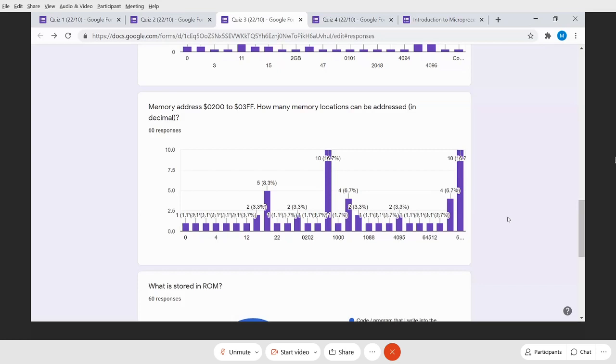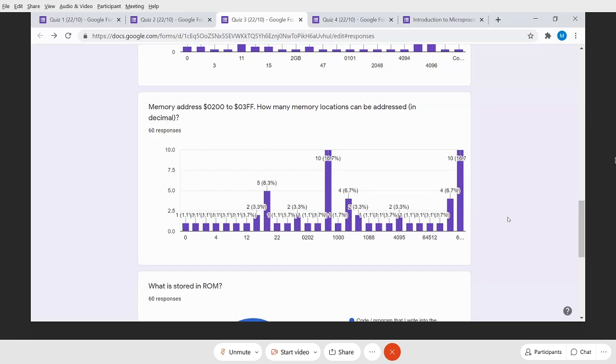You can actually do it this way: 400 minus 200, so you have exactly 200 locations. Minus 1, so you have 1FF. It's 3FF. Yes, I understand.